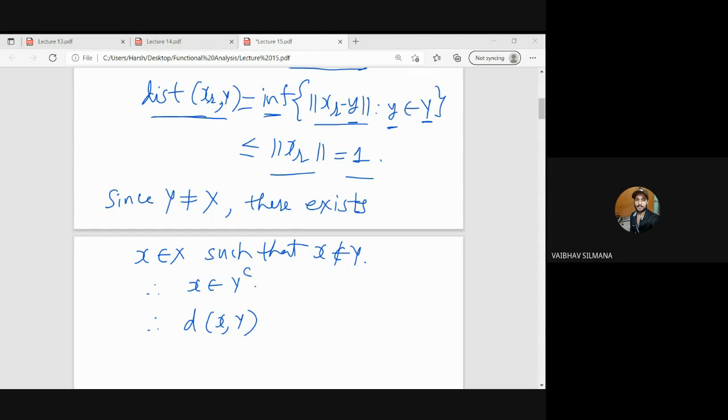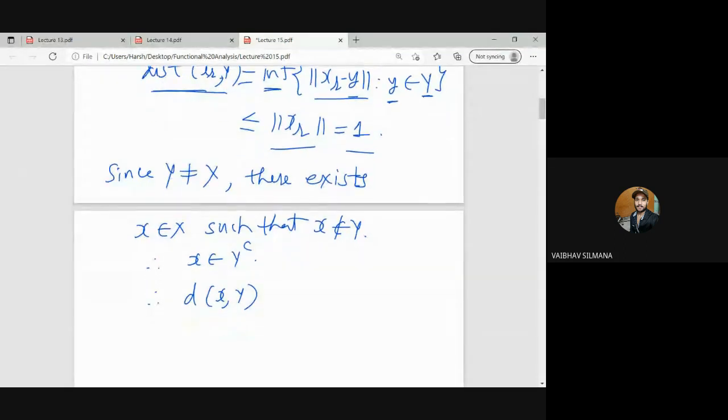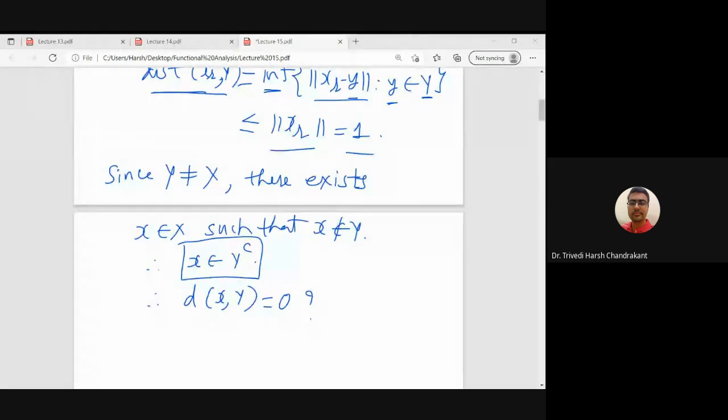Distance of x from Y is equal to the infimum of distance of the point x from every point of Y. My question is that if Y is closed, that is given, and we know that x is in the complement of Y, can this be 0? Since Y is closed, it will also contain its limit points. So no, sir, it can't be 0.